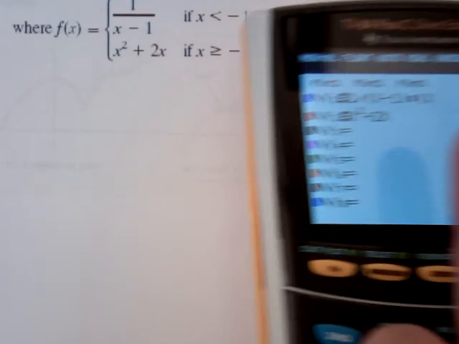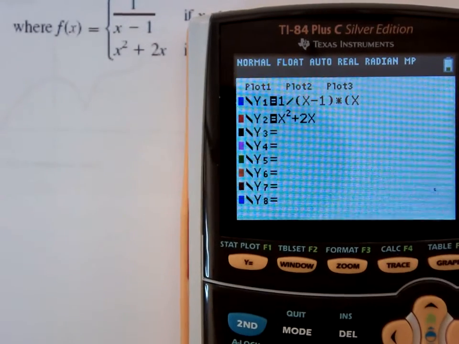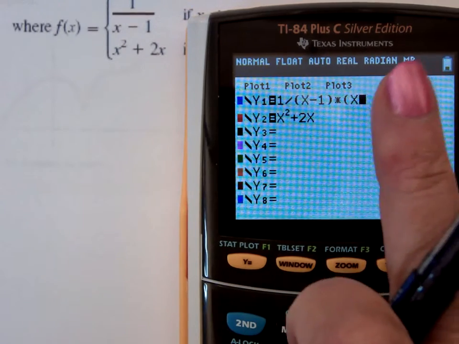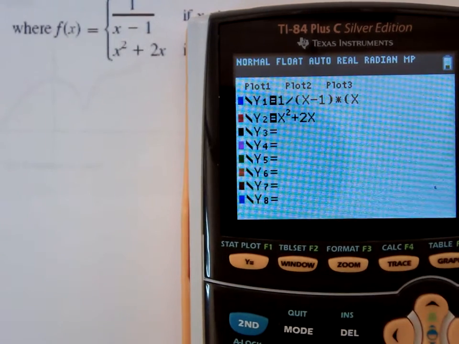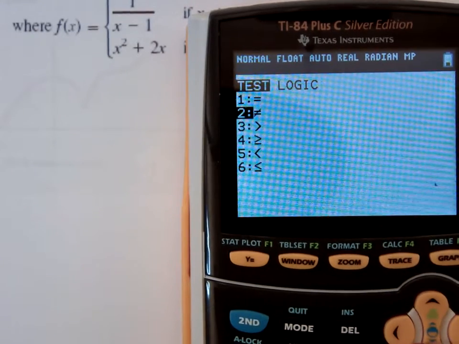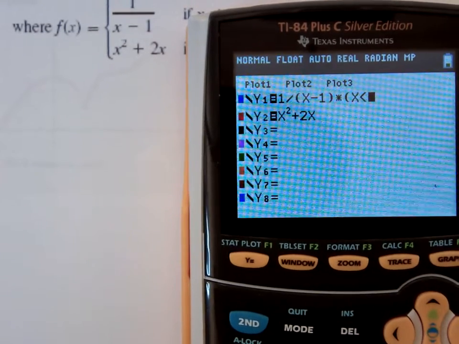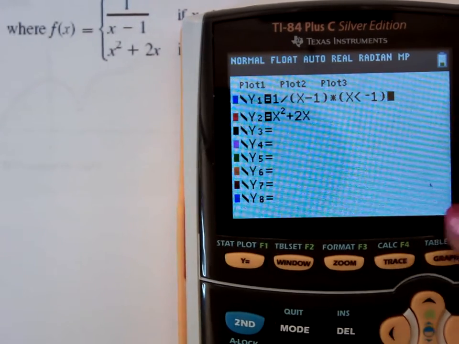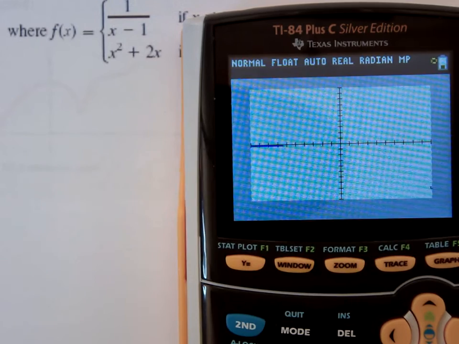X is going to be what? Less than negative 1? Well, negative 1 doesn't cause a problem. Okay, that should give me the piece that I want.